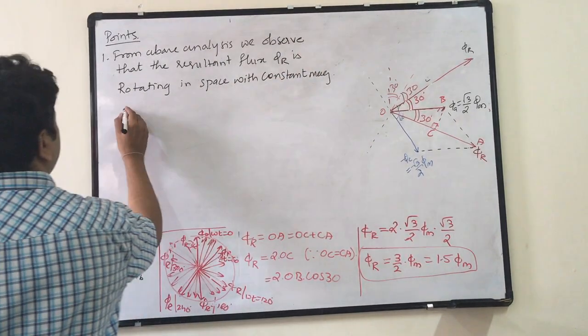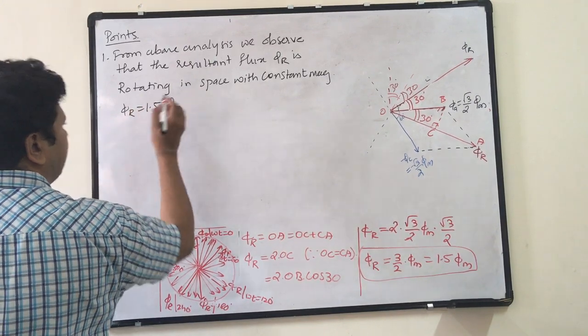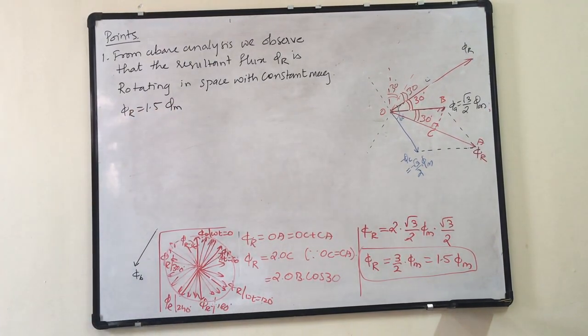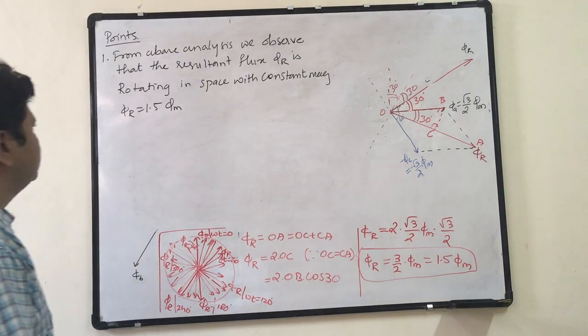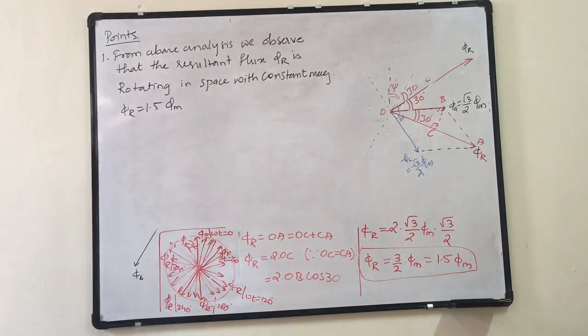With constant magnitude, phi r is equal to 1.5 phi m. So the magnitude remains constant throughout the rotation. There is no change in the magnitude.